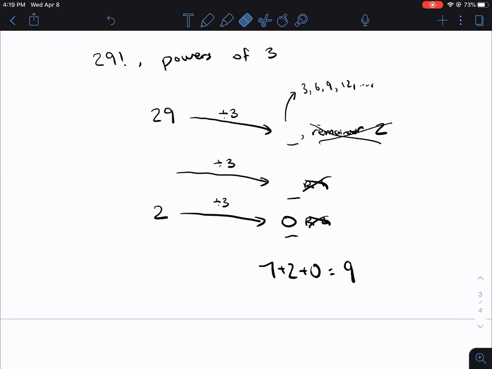Yeah, this is 9 with a remainder of 2. And then we put 9 here. This is 3, 3 and 1. All right, sorry about that. So this is 3 remainder 0. And this is 1 remainder 0.